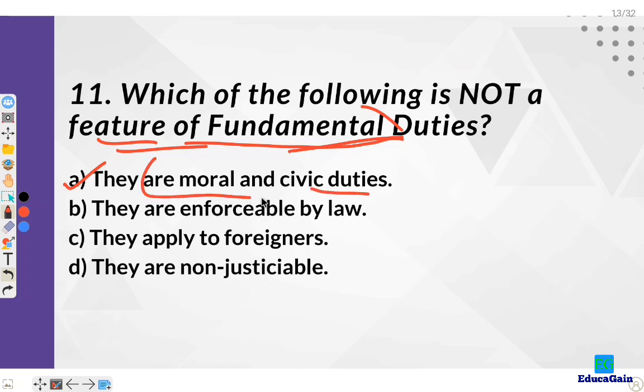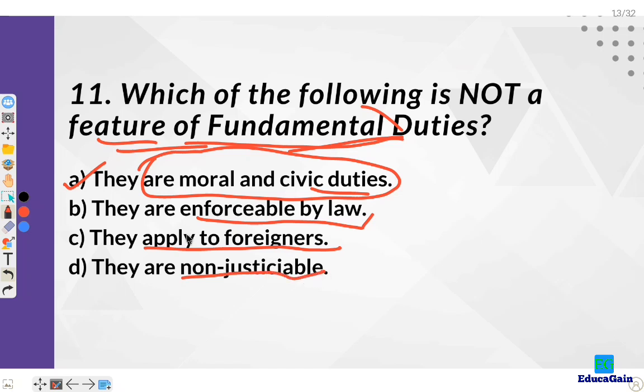We also know that moral and civic duties are a feature of fundamental duties. B says they are enforceable by law. C is they apply to foreigners. They are not justiciable. The correct answer is B. They are not enforced by law. Okay.